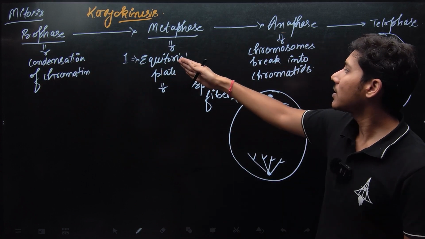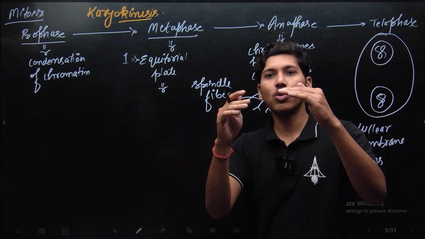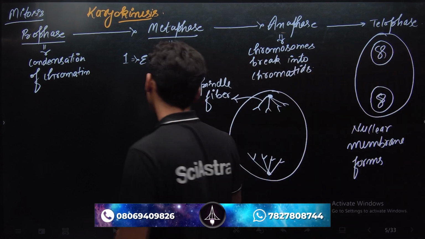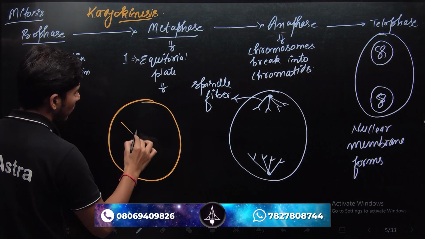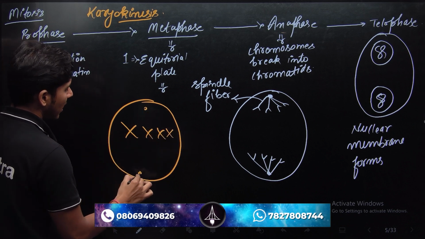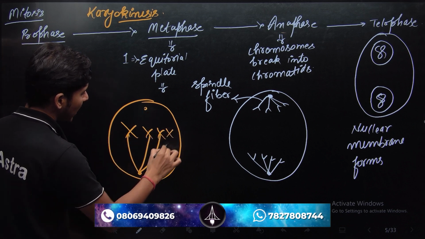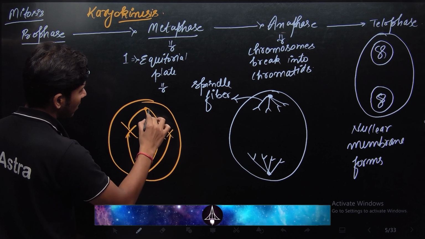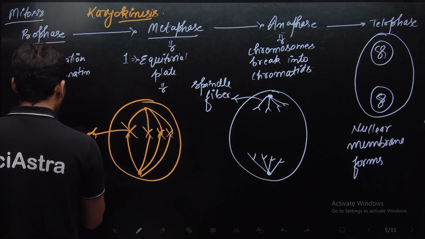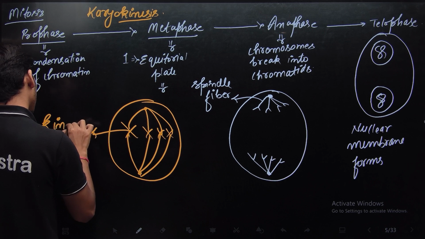In metaphase, the chromosomes start to align at the equator of the cell, just like this, and spindle fibers start to attach to the kinetochores of the chromosomes. Okay.